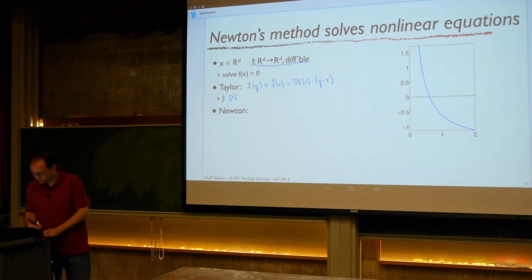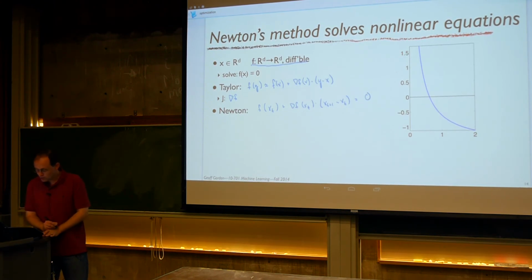So that means we'll try and solve f of x_t plus grad f at x_t dot (x_{t+1} minus x_t), and we're going to set that equal to 0, right?